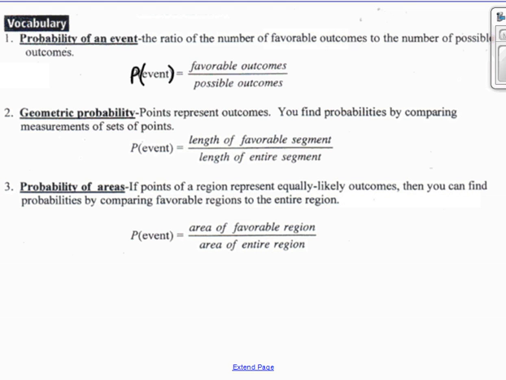So the probability of getting a red marble, or the probability of getting a blue sock, or whatever the question was about. And you would count the number of favorable outcomes. So favorable outcomes are how many of the thing you need over the total possible. And all these other probabilities are all the same idea.